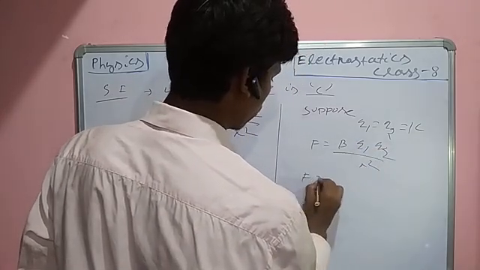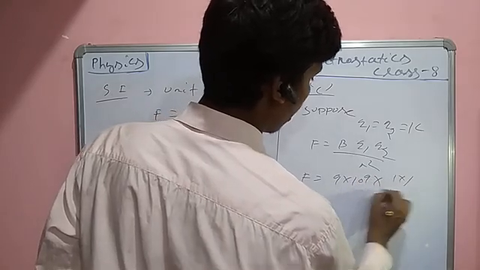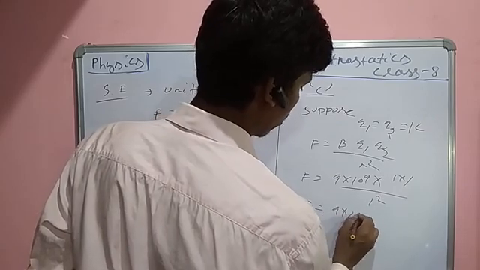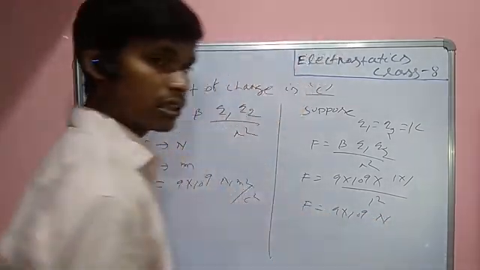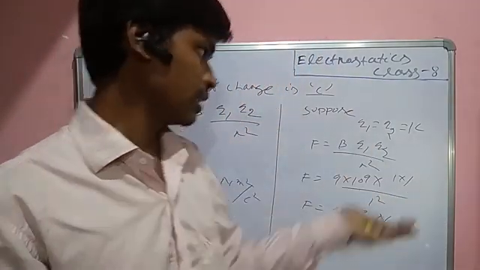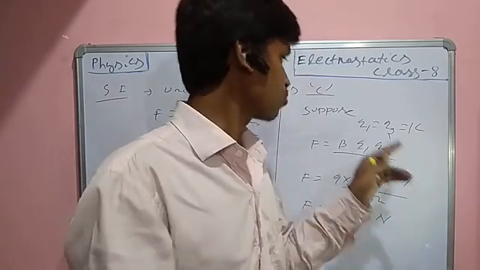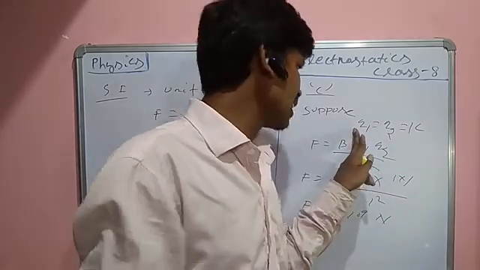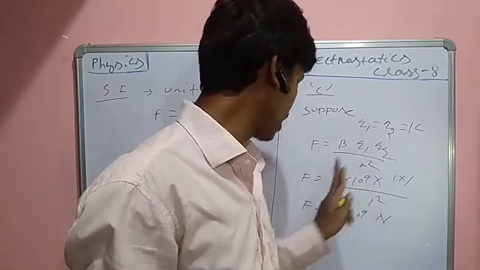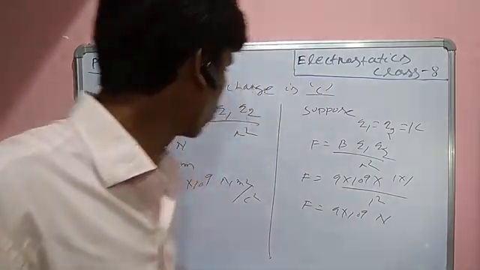Then F is equal to 9 into 10 to the 9 into 1 into 1 by 1 square. So F is equal to 9 into 10 to the 9 newton. Listen, in future we will discuss Q is equal to 1 coulomb. But suppose we think Q1 is equal to Q2 is equal to 1 coulomb, then putting the values of Q1 and Q2, we get F is equal to 9 into 10 to the 9 newton. Yes or no?